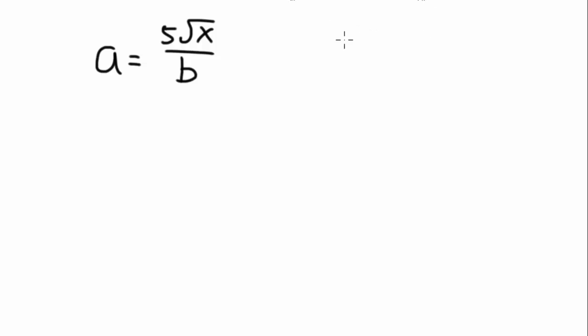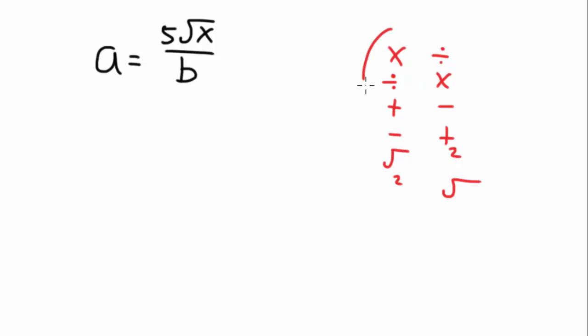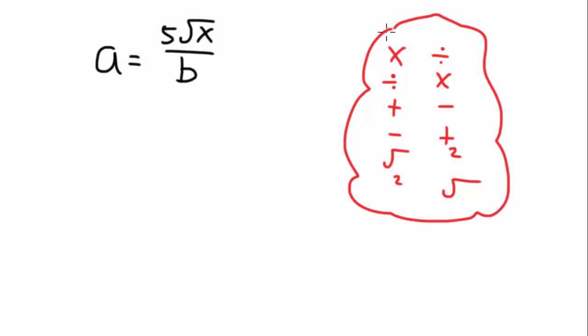If you're multiplying numbers together, the opposite of that is divide, the opposite of dividing is multiplying, so you always do the opposite operations. To undo a plus, you subtract; to undo a subtract, you add. Square root, the opposite is squaring it, and the opposite of squaring is taking the square root. If you know these, you'll be fine with changing the subject of a formula. We want x to be the subject, so I would suggest rewriting it so x is on the left hand side.